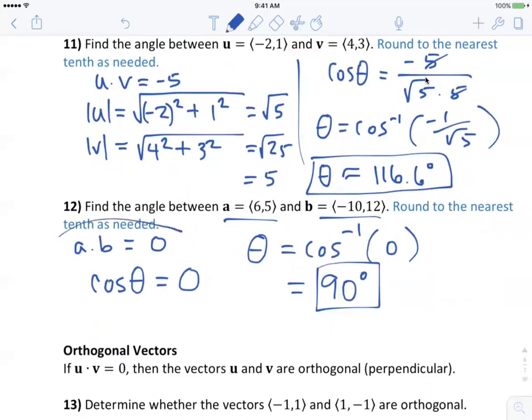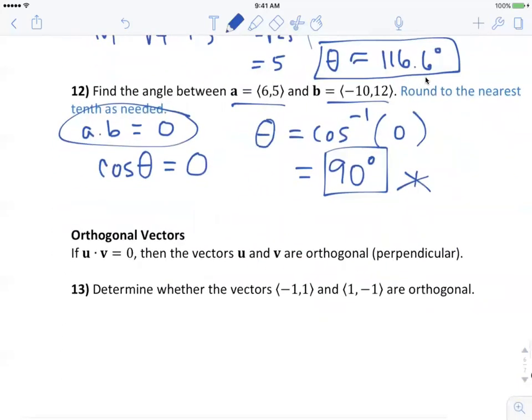Anytime that the dot product is 0, the angle between the vectors is 90 degrees. Right? Or if the dot product is 0, the vectors are perpendicular. Another word for perpendicular is orthogonal. So this is described here, right? Orthogonal vectors, if you get that the dot product is 0, then the vectors u and v are orthogonal or perpendicular or have a 90-degree angle between them.